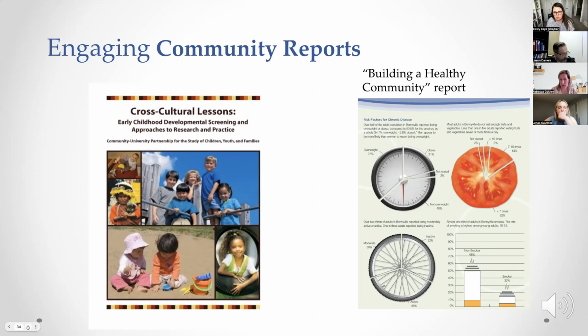You'll see the example on the right-hand side. They're actually presenting statistics. These are pie charts and a bar graph, but it's all about healthy eating in communities. So, instead of your typical pie chart, they're using a bicycle wheel, a scale, and a tomato, and cigarettes to demonstrate, so you can think about how you can use different visuals to get your points across.